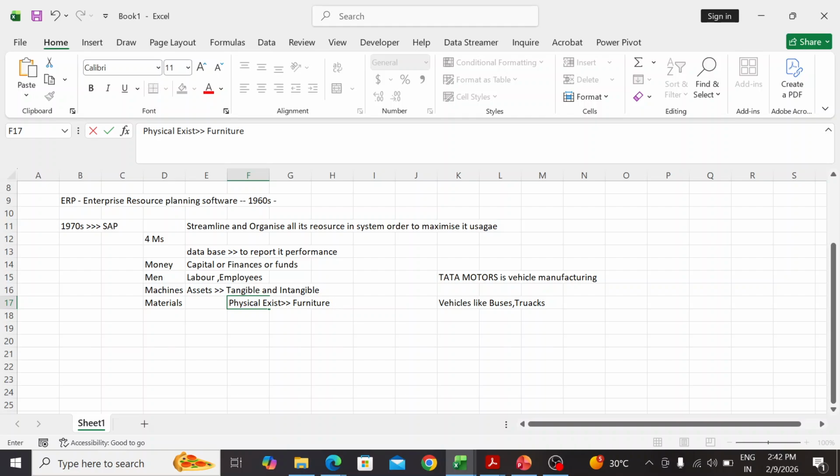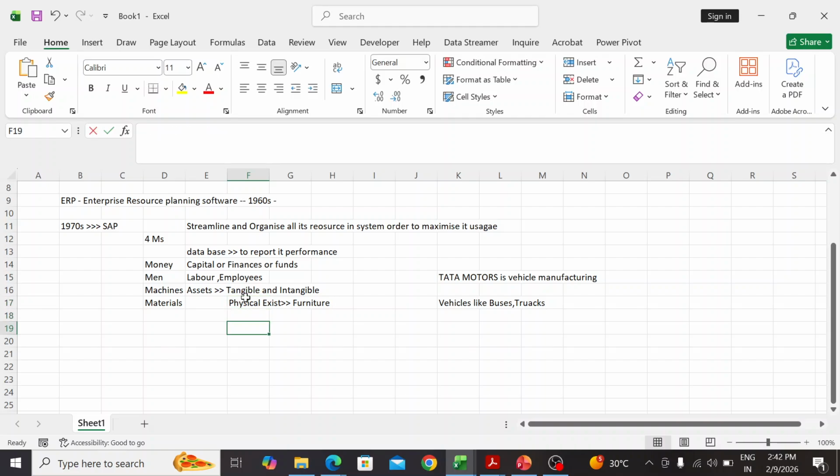You can touch it, feel it, use it, lift it, and move it. It has physical appearance and physical existence, like humans.